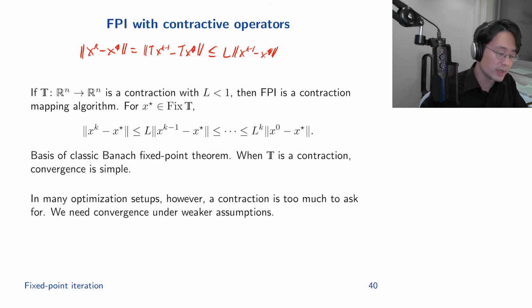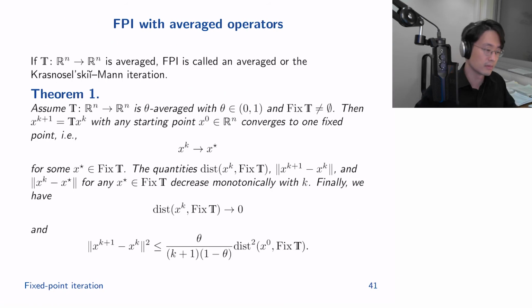The problem, though, is that in many optimization setups, assuming a contraction operator mapping is too much to ask for. Therefore, we want to have another convergence condition under weaker assumptions. All right, so now this is the weaker condition.